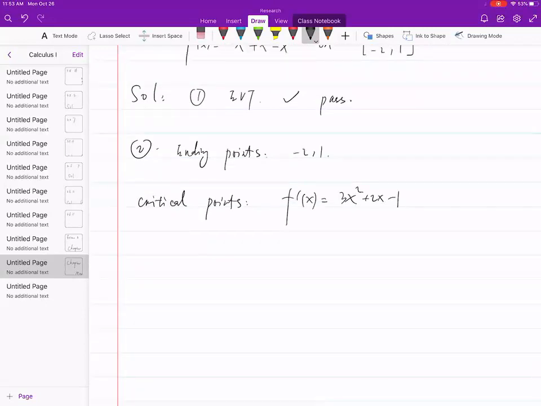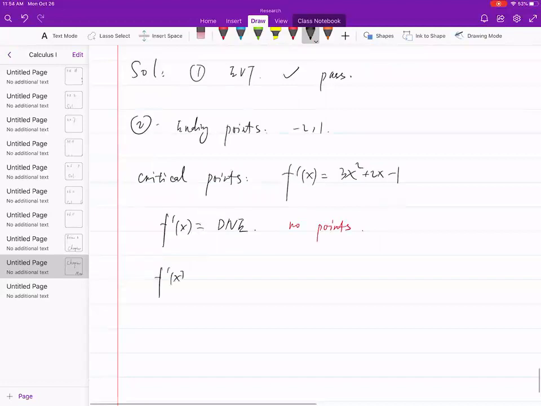Two cases. Will there be any number where, if I plug it in, the derivative does not exist? Not really. I don't divide by 0. There's no square root anything, so no point. Is there any number where, if I plug it in, my derivative becomes 0?